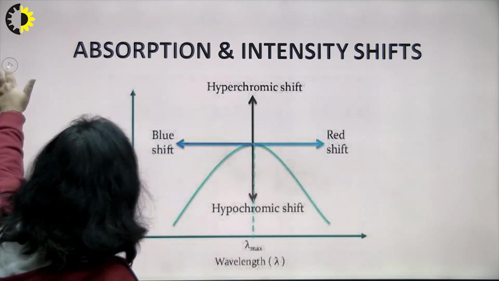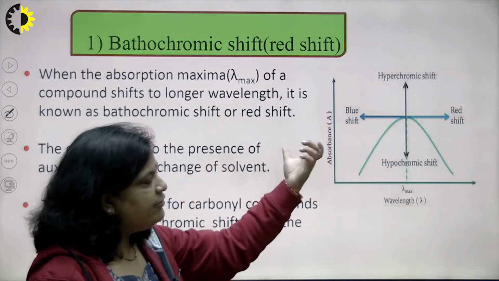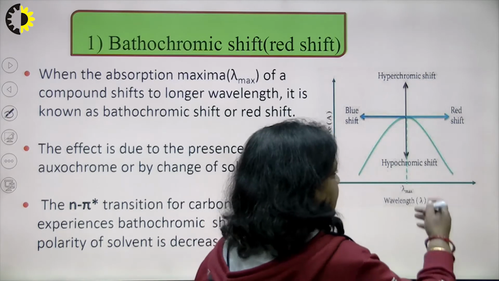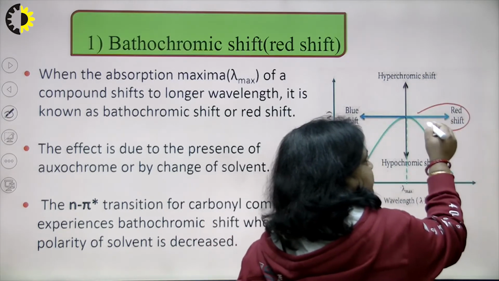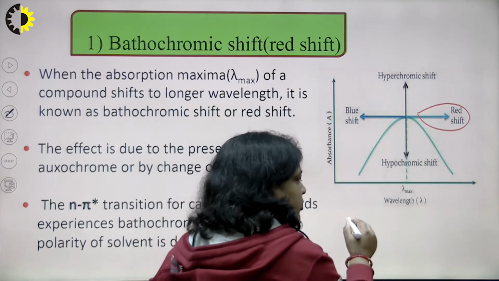So, we will find what is the reason for this shifting. First is the bathochromic shift, and this shift is also known as red shift, that is towards longer wavelength. And how do we know this is a longer wavelength? Remember Woodward.